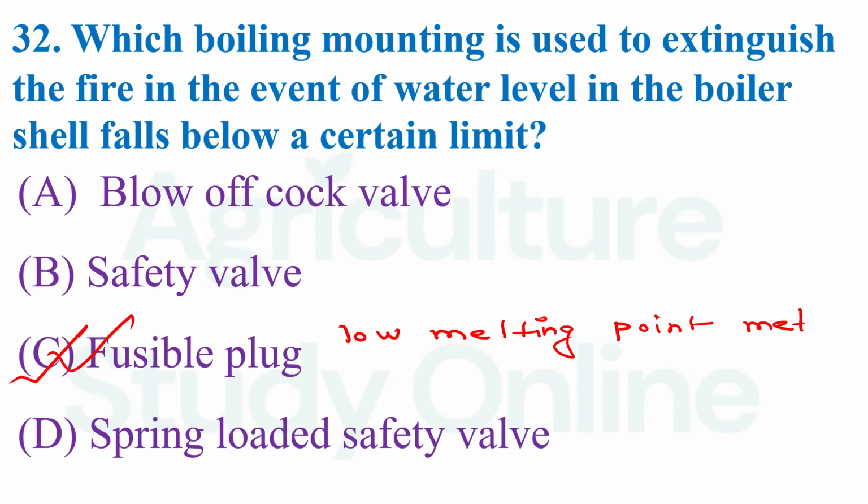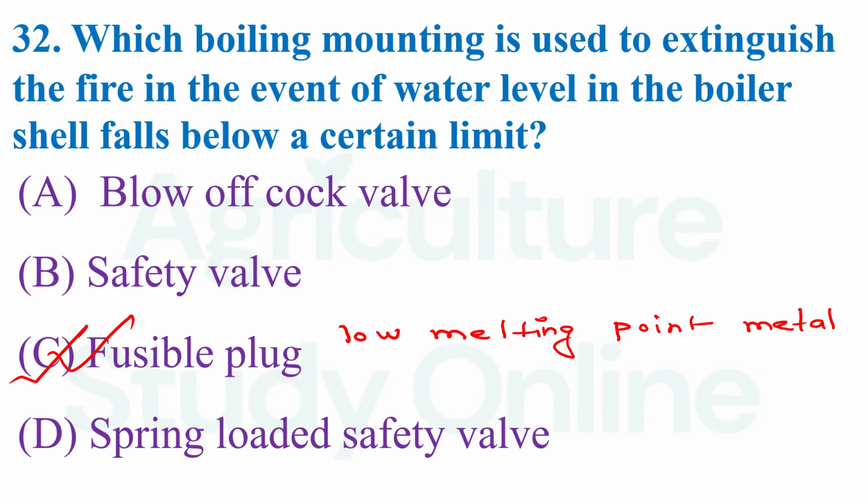So when water falls below a safe limit, what will happen? The plug will get exposed to high temperature and the metal will start to melt. Now steam or water rushes into the furnace, and this extinguishes the fire automatically. So it prevents boiler explosions.